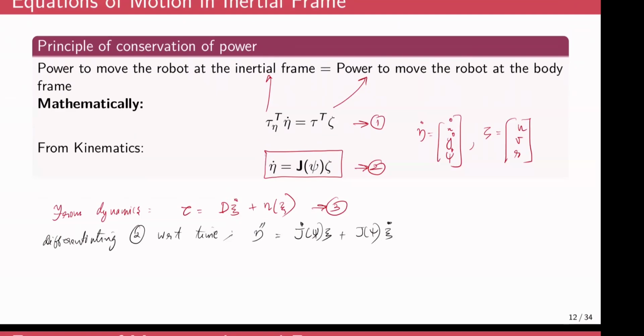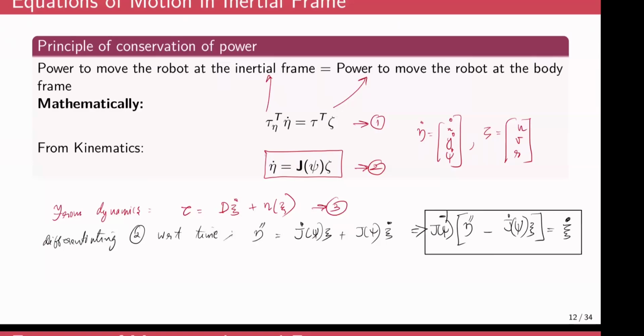From here you can find zeta dot as eta double dot minus J dot of psi multiplied by zeta, and you have to pre-multiply this with J of psi inverse. This is the expression for zeta dot. I'll label this as equation 4.